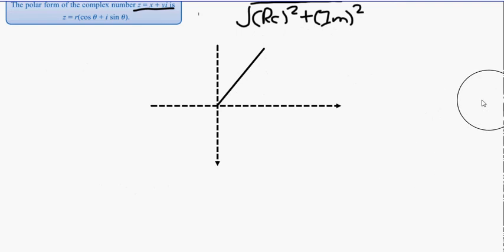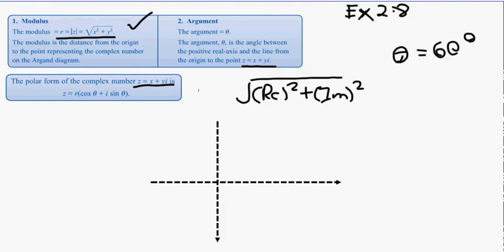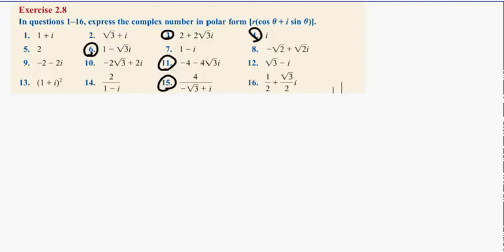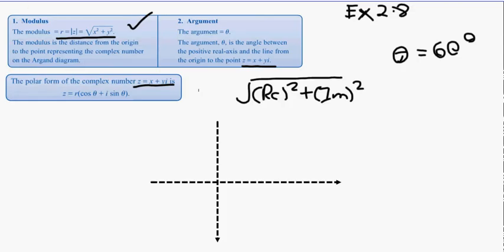So on the next one, what we're looking at here is part 4, which is just i. Okay, so the complex number this time is 0 plus 1i: 0 on this axis, 1i up.